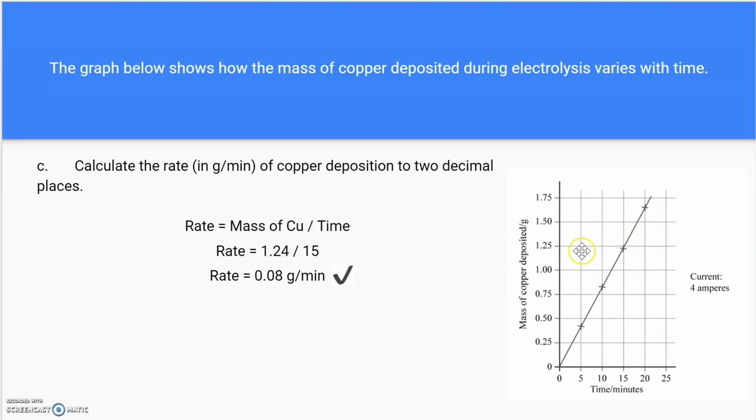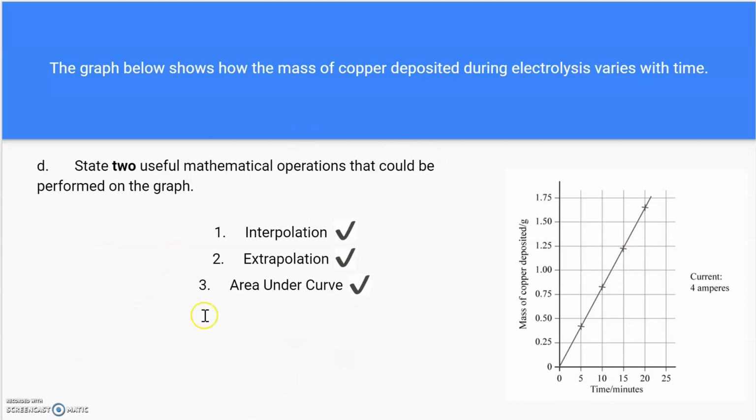So that y, 1.24, divided by the x value of the coordinate, which in this case is 15 minutes. You divide 1.24 by 15, you get that the rate is 0.08 grams per minute. If you follow this same procedure with any of the points in the line, you should get the same answer, as the rate is not changing. Now that would be part C.